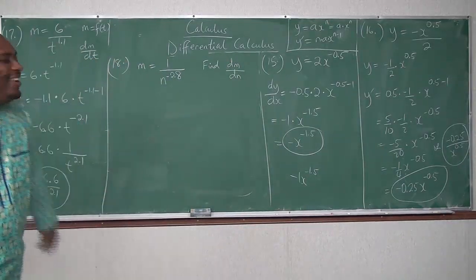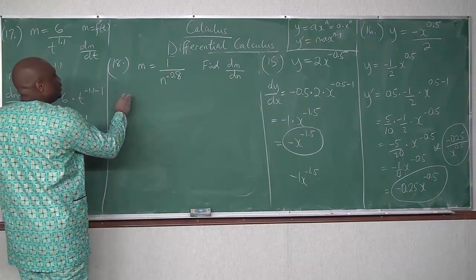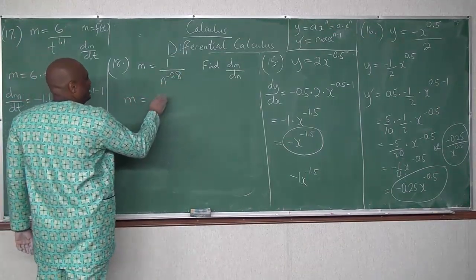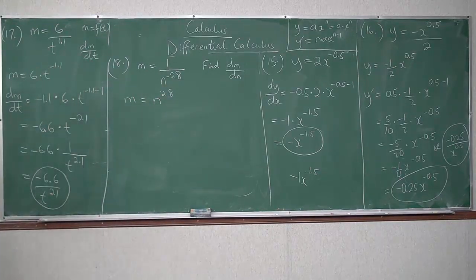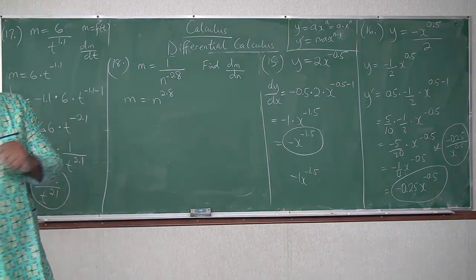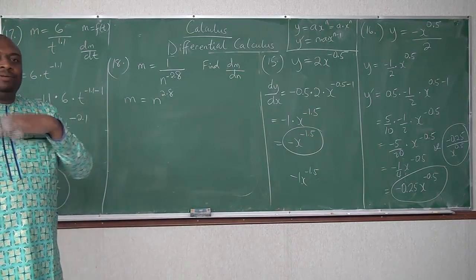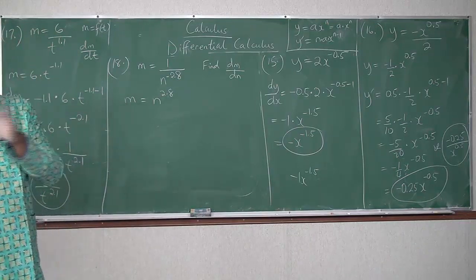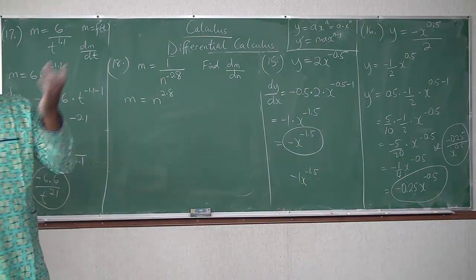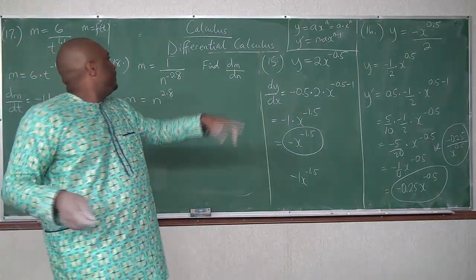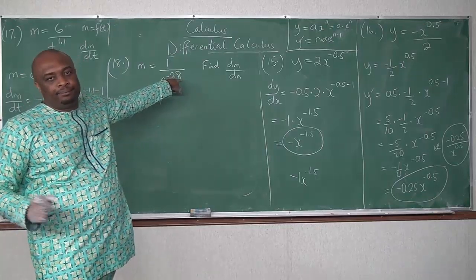Okay, so let's put this in exponent form. So m will be n exponent 2.8 right away. See that? Remember we said, if you view the videos on exponents, a base with a negative exponent is the reciprocal of the same base with the corresponding positive exponent, and vice versa, which means a base with a positive exponent is the reciprocal of the same base with the corresponding negative exponent.